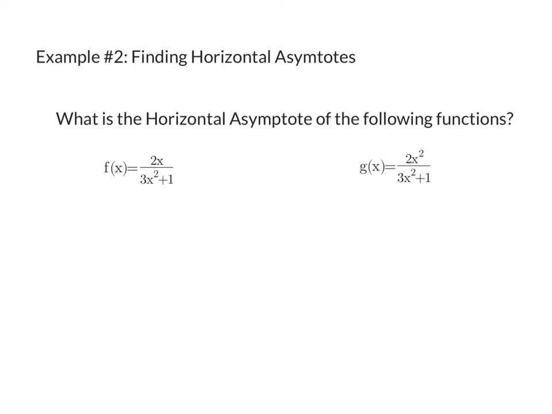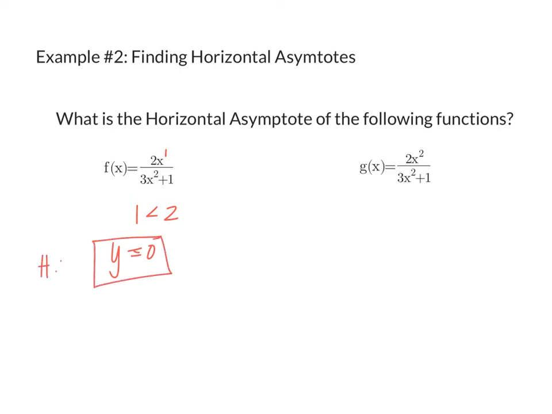All right, so in example 2, it says, what is the horizontal asymptote of the following functions? So we focus on the powers of our leading terms. In the first one, f of x, the numerator has a power of 1, and the denominator has a power of 2. 1 is less than 2, and so the horizontal asymptote is y equals 0.